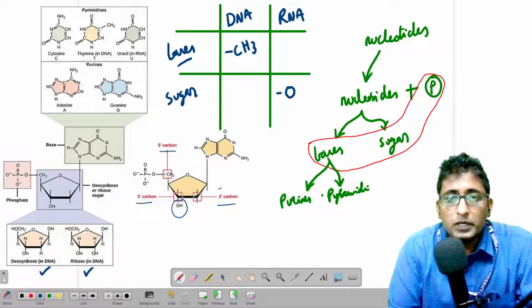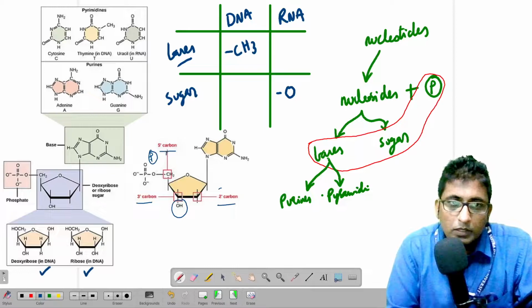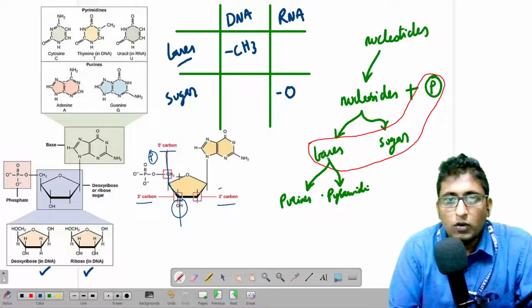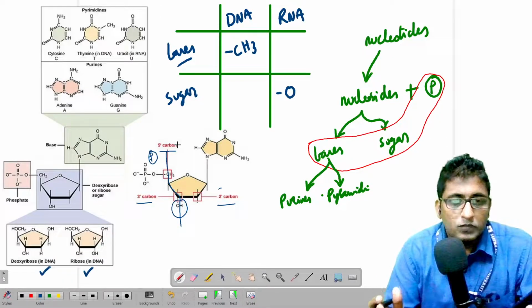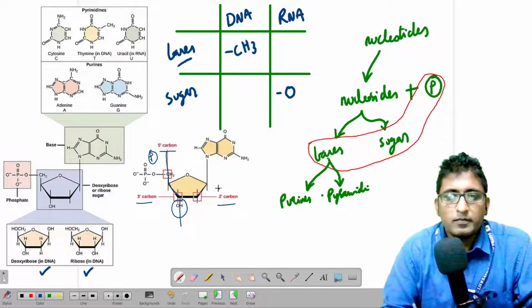The 5th carbon is also important because the 5' phosphate is involved in polymerization. So basically the 3, 4, and 5 carbons form the phosphate-sugar backbone of nucleic acids. We will see them further.